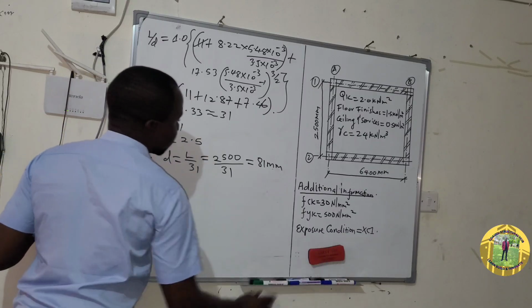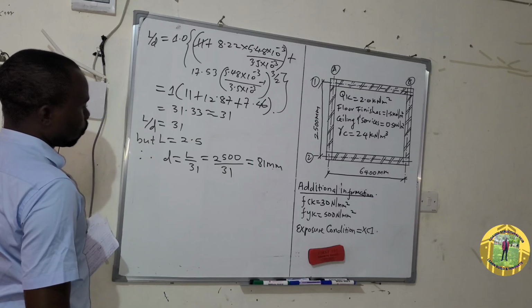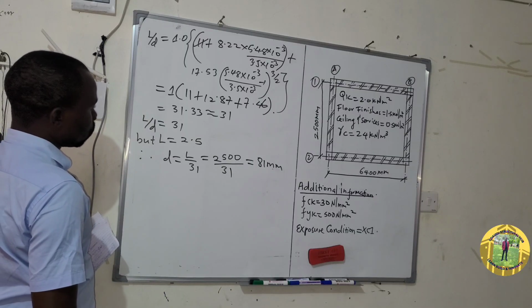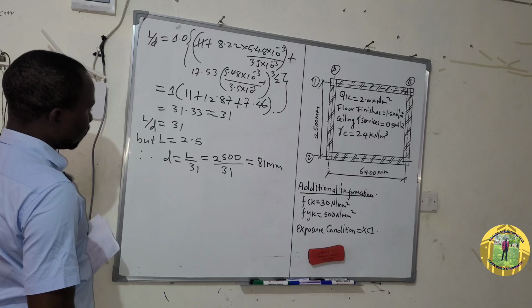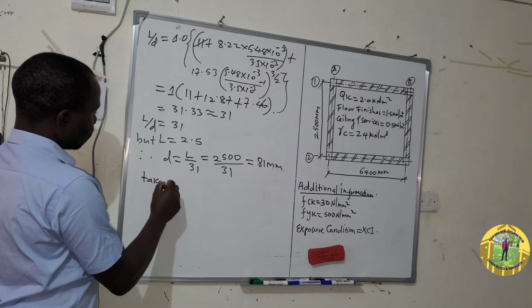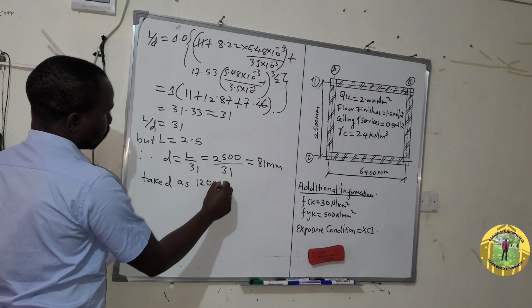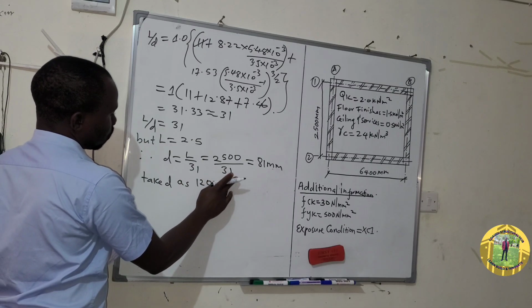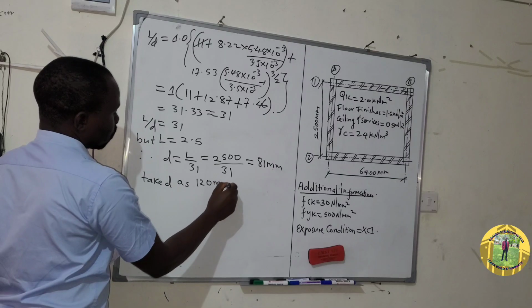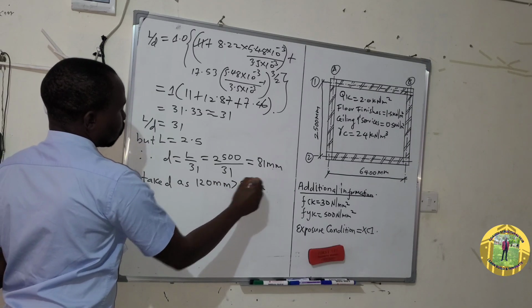Since 81 millimeter is very small, I want to take D. Therefore, you can say take D as 120 millimeters, which is greater than 81 millimeters.